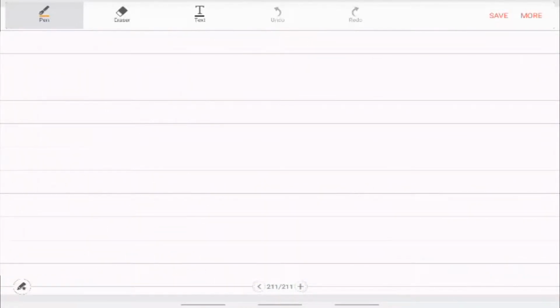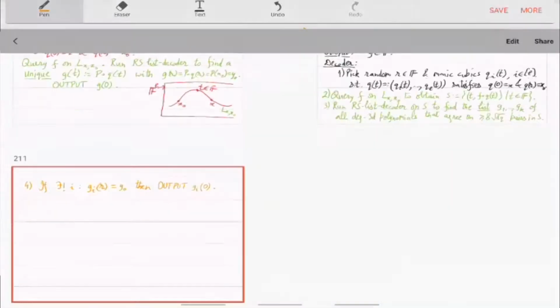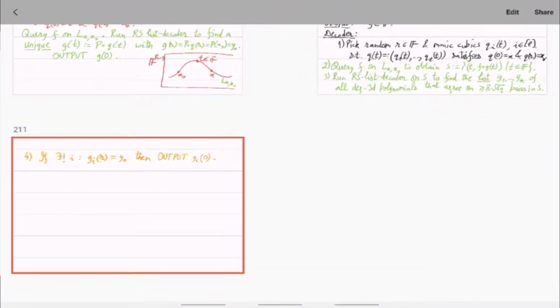So you pick that one. So if there exists a unique I such that GIR is equal to Y0, then you output GI0. Okay, because out of this list G1 to Gk, this is the right one.